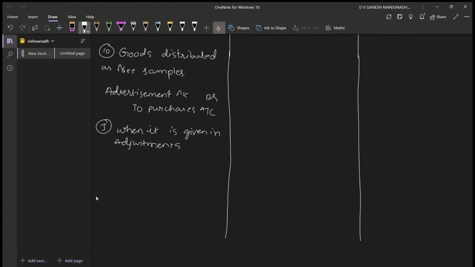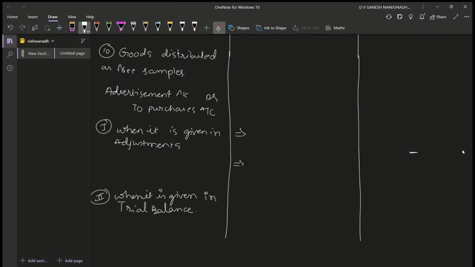When it is given in adjustments, there are two things which we have to do in the trading and P&L account, and nothing is to be done in the balance sheet because both are types of expenditure.